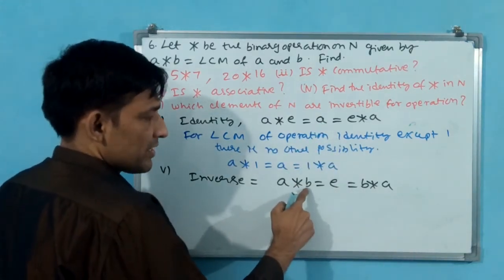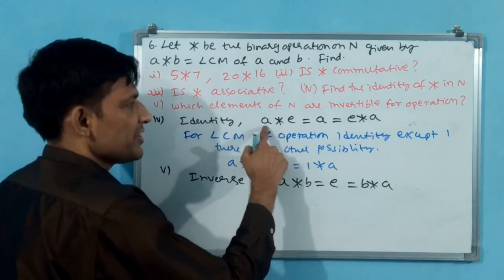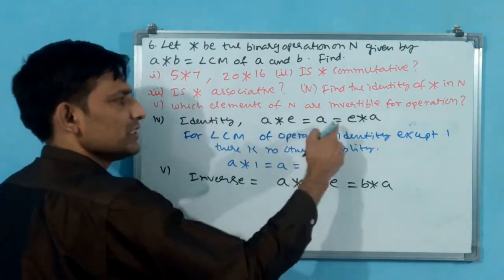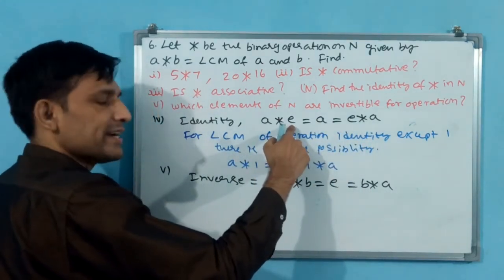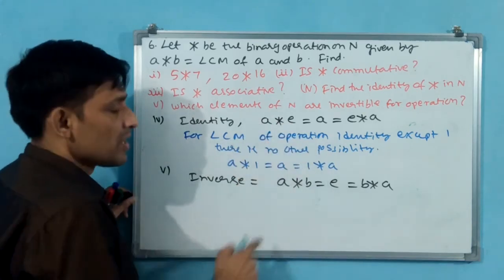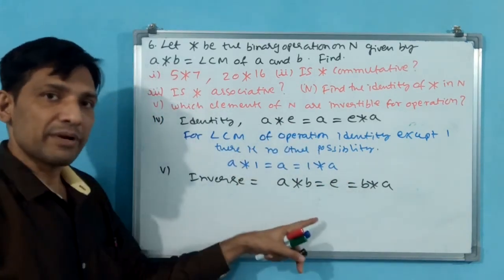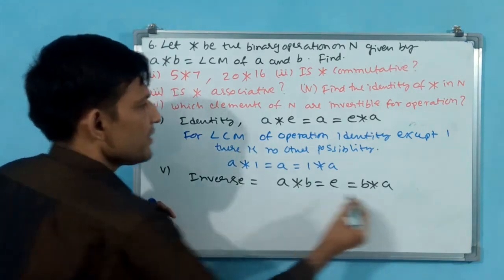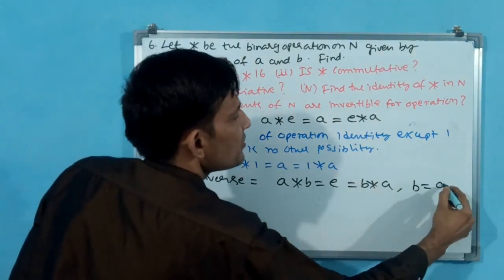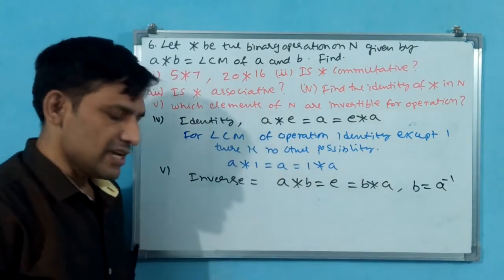The operation also, a third number will come. That means here A, E, E, A, two numbers only. One number is identity and another number is A. But here A, E, B also will come. The third number also will come. What is B? B is equal to A inverse.